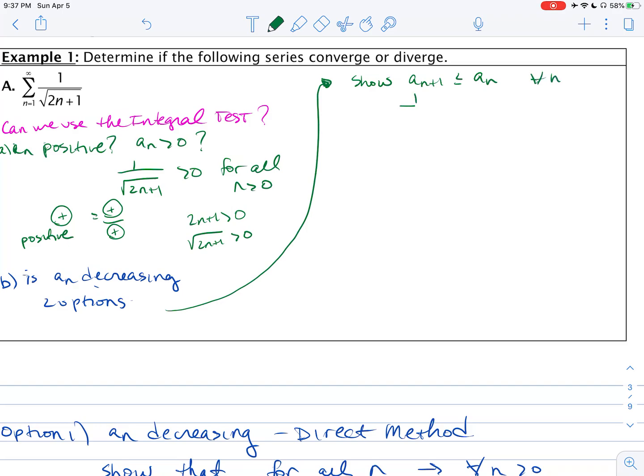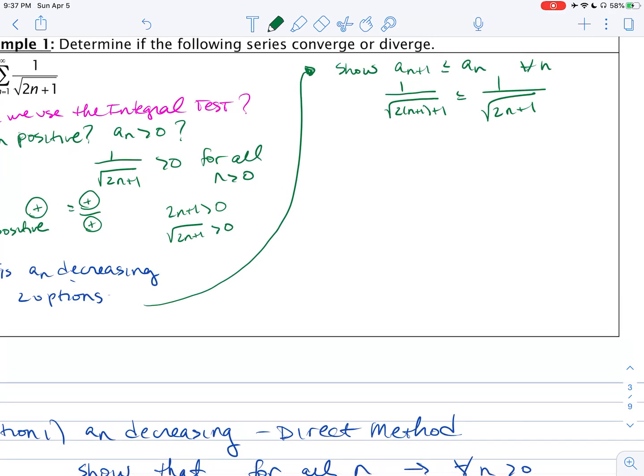So a sub n plus 1 is going to be 1 over the square root of 2 times n plus 1 plus 1, and that's going to be less than or equal to 1 over the square root of 2n plus 1. And so just looking at the denominators here, I can see that 2n plus 2 plus 1 is bigger than or equal to 2n plus 1 for all n bigger than 0.